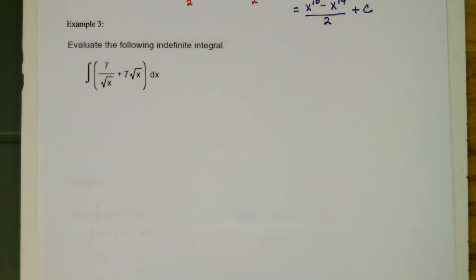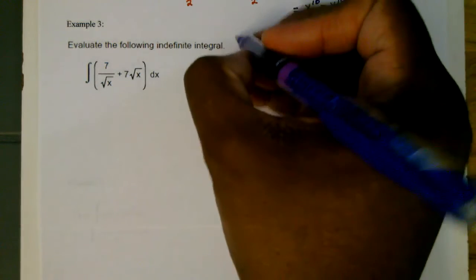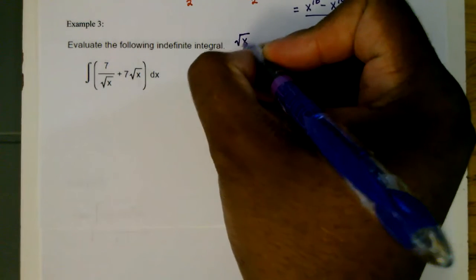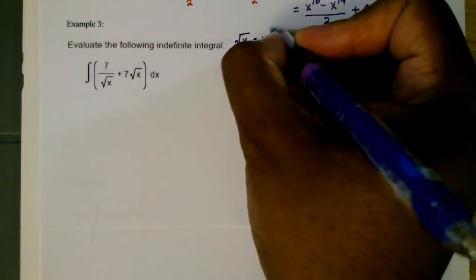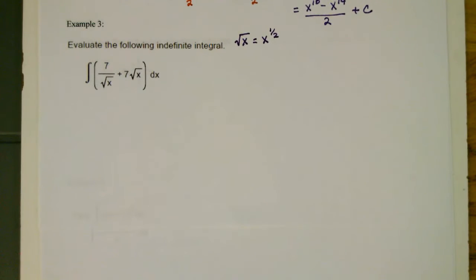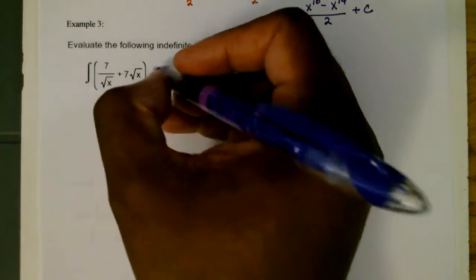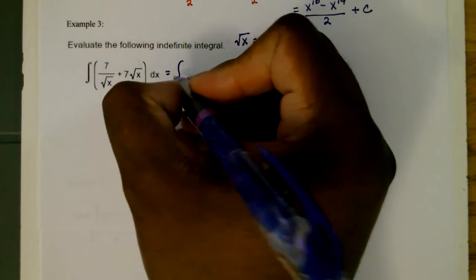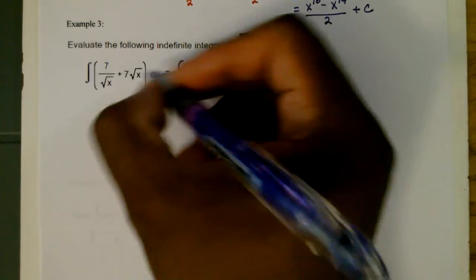Let me write this using negative exponents here. If you recall that the square root of x in exponential form will be x to the 1/2 power. So that's what I'm going to do here. Bring over the integral of 7.